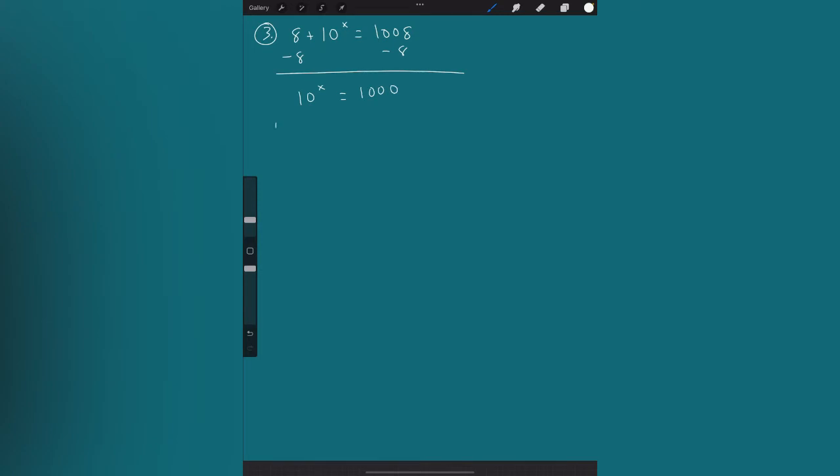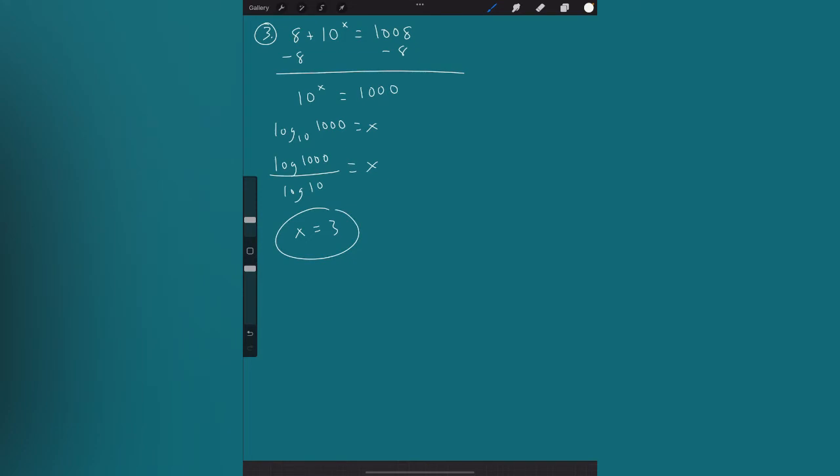Now I can write my logarithm here. I can say log base 10 of 1000 equals x. I can use my change of base formula and say log of 1000 over log 10 equals x. If I type that in my calculator, log 1000 divided by log 10, I get 3. So I can say x is equal to 3.